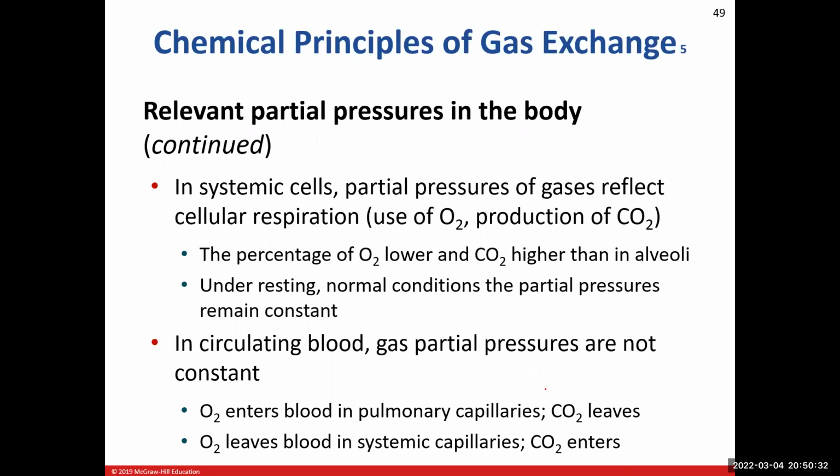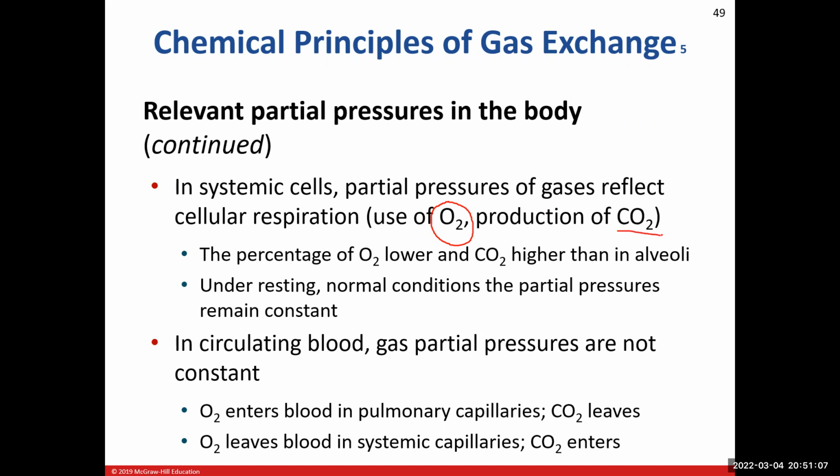Roughly about 32 molecules of ATP can come from one molecule of glucose. It's pretty good, right? So that means we need oxygen for that process. So the systemic cells want oxygen. But at the same time, as they undergo metabolism, one of the waste products of cellular metabolism for respiratory gases is going to be carbon dioxide.